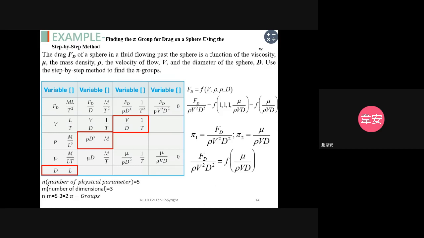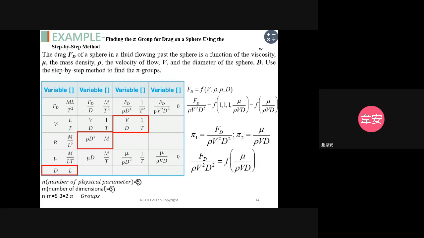We count the physical parameters: it is 5, because we have drag force, velocity, density, viscosity mu, and diameter d. The number of dimensions is 3. So 5 minus 3 is equal to 2, which means we have 2 pi groups.